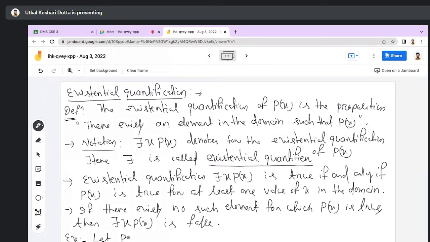Let P of x, I'm taking the same example, x greater than 10, and the domain consists of all real numbers. Then tell me what will be the truth value of there exists x P of x.